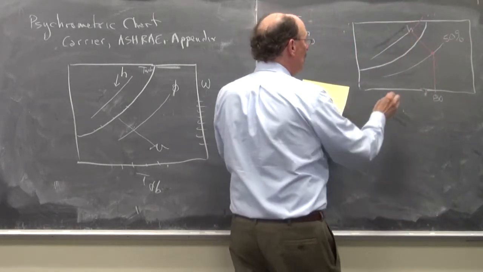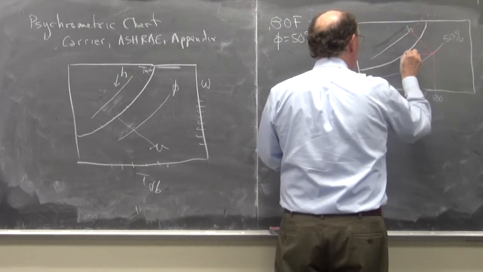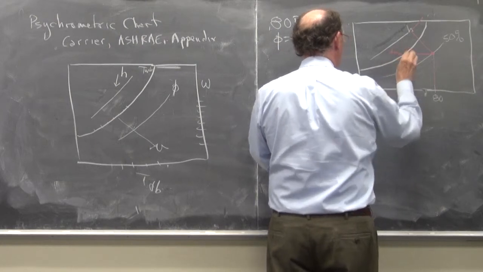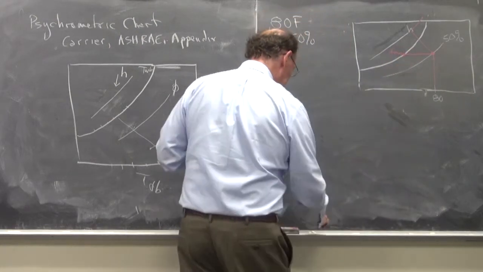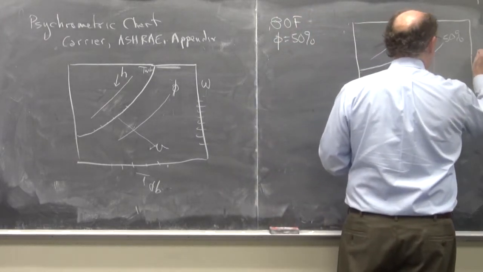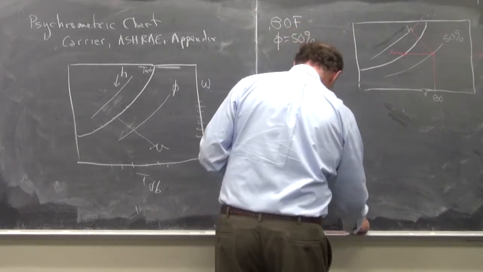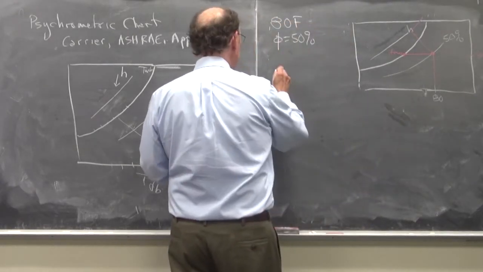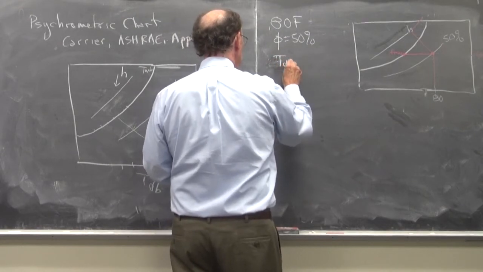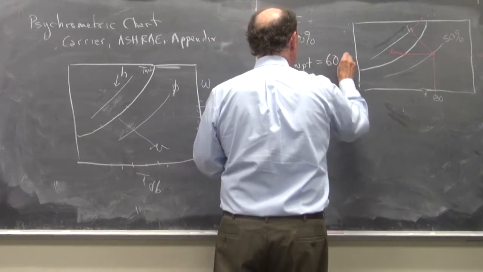If I want to determine the dew point, and if I want to determine omega, I read it over here. What you should find is that T dew point is about 60 degrees Fahrenheit.